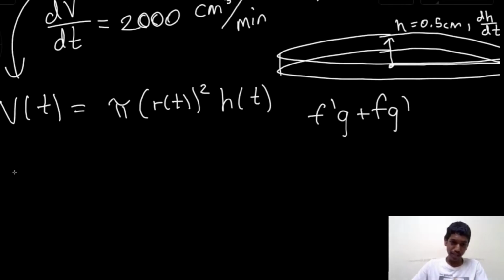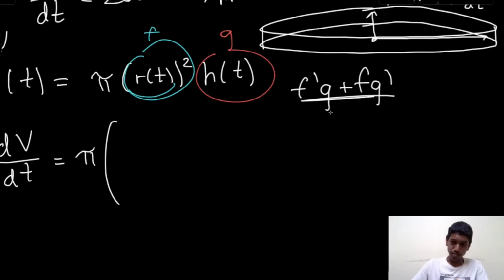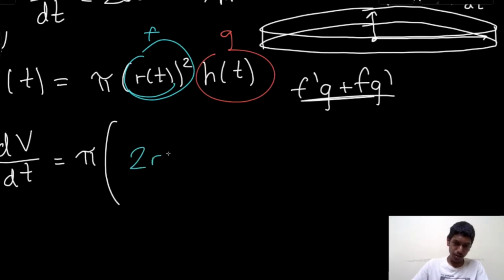So we go ahead and differentiate, and I'll just leave out this part here. So pi, and then the product rule. If this right here is our f, and that right there is our g for the product rule that I've written, then f prime is going to be 2r, and then r prime for the chain rule, right?